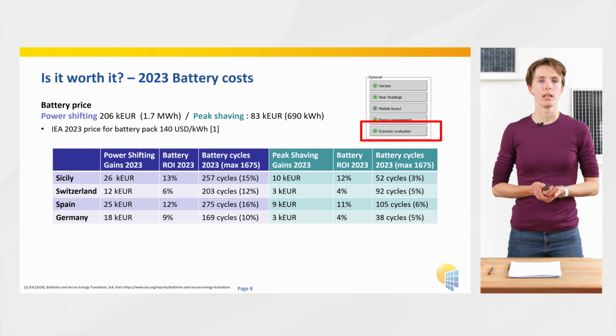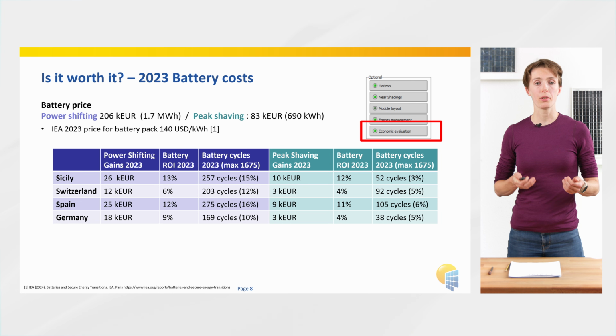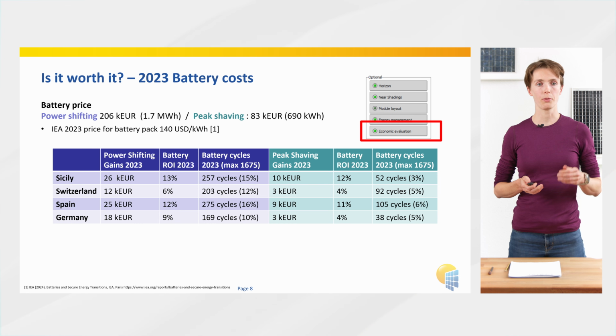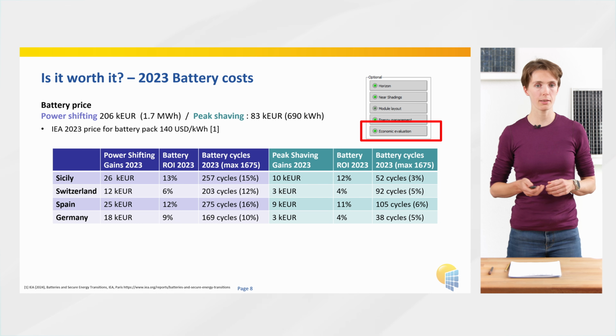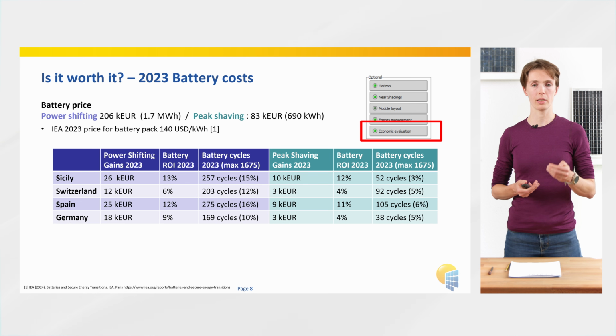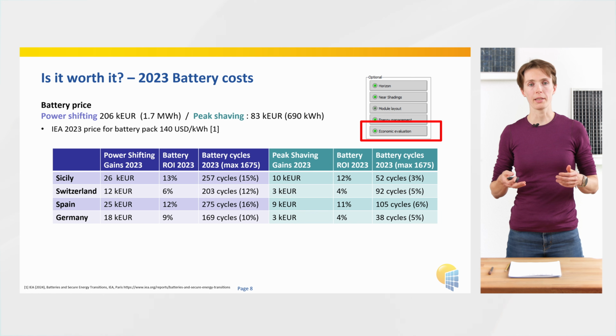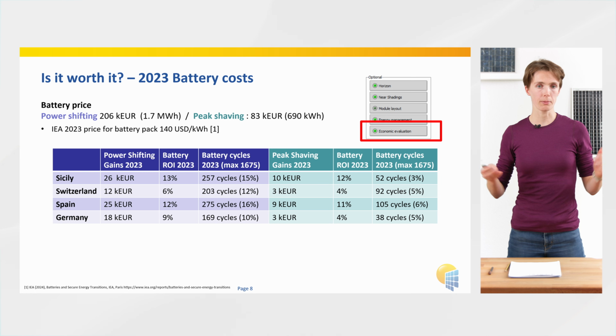If I look at the return on investment on my battery here, it varies greatly from one location to the next. The lowest returns on investment are for peak shaving scenarios in Switzerland and Germany. That shows you that the system I've tried to implement is not really worth building, and in that specific case, it's my battery that has been oversized.